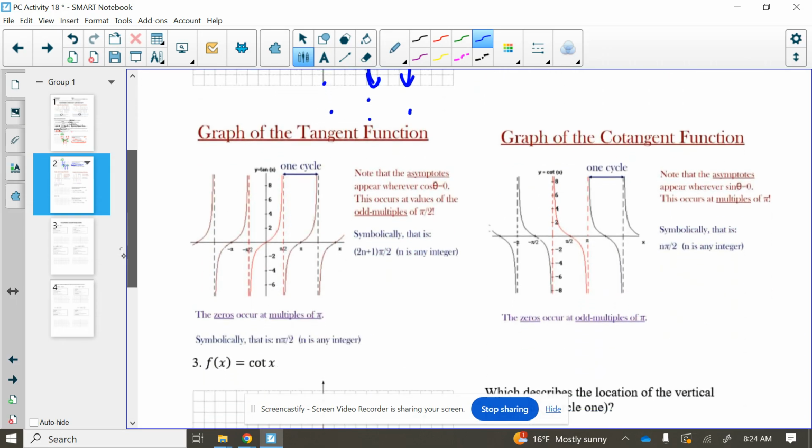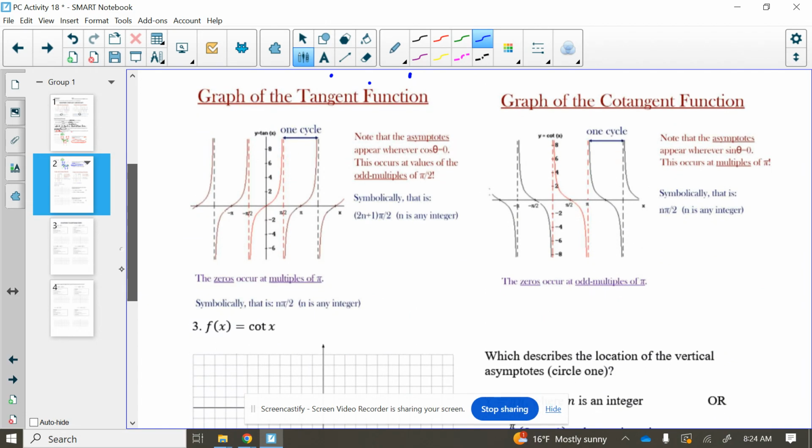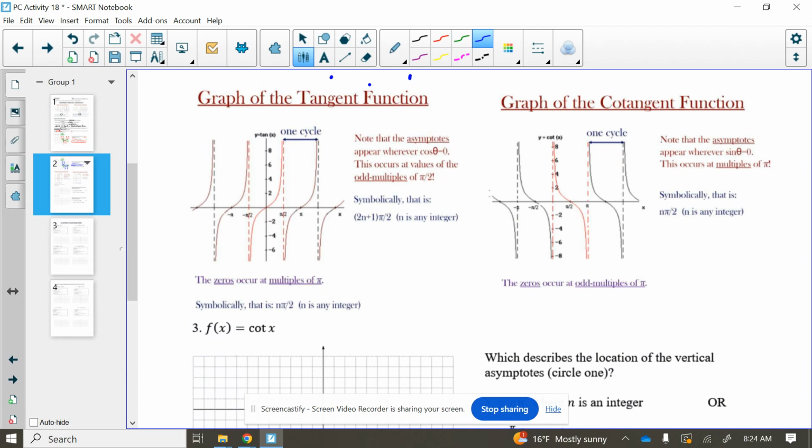Now our graphs of tangent and cotangent are again based off of, if we think about our unit circle, what is happening each time. So if we start at 0, we would be doing 0 divided by 1. So at 0 degrees or 0 radians, we are at 0. Up at pi over 2, however, we would have 1 divided by 0, so that's undefined.